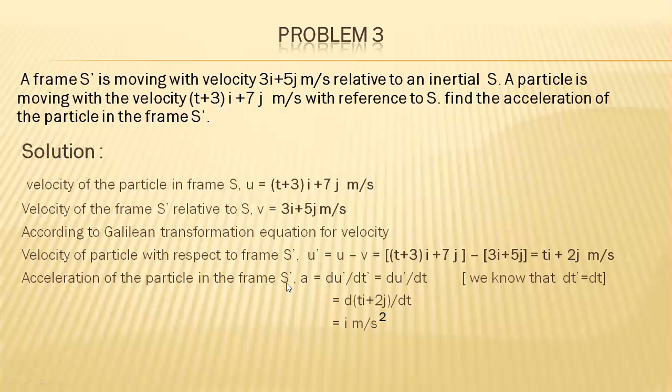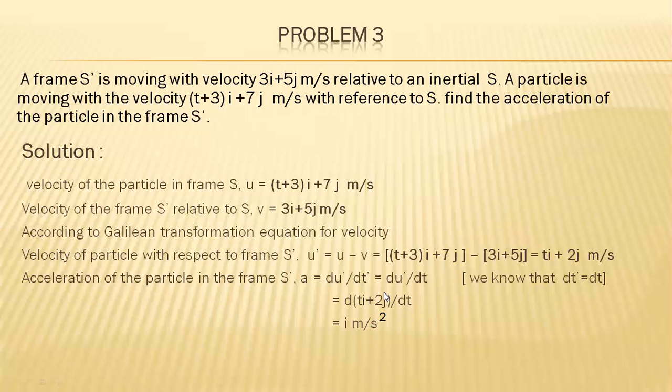The acceleration of the particle in frame S' is given by a = du'/dt', that is du'/dt' = du'/dt. If we differentiate ti + 2j with respect to time, we get i meter per second square.